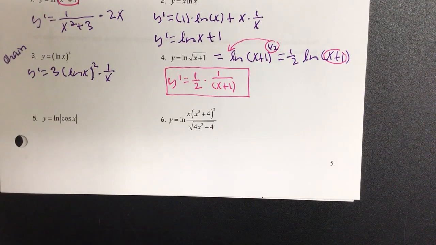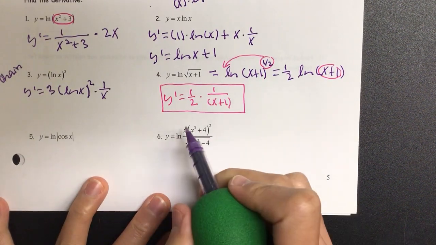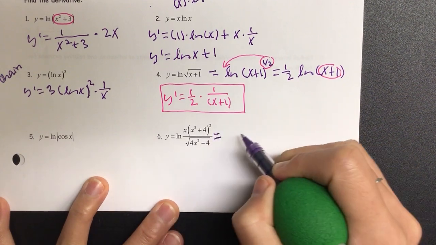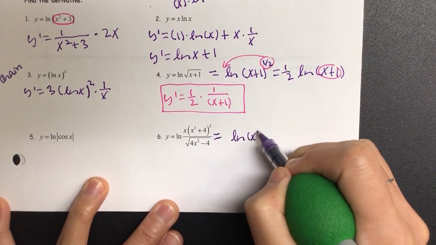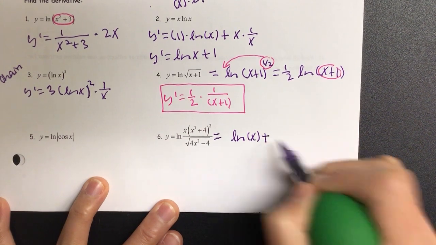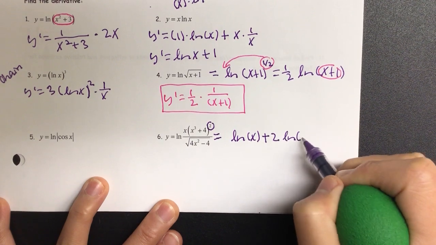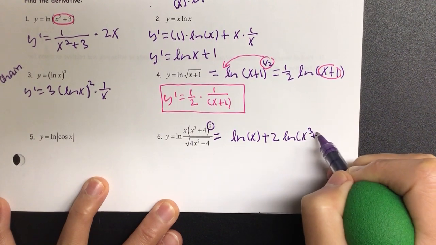Let's go on to example number 6. On example number 6, we have to rewrite this before taking the derivative. So here we go. When things are being multiplied, we add them to expand. So natural log of x plus, because of this power, I'm going to automatically bring that to the front: natural log of x cubed plus 4.